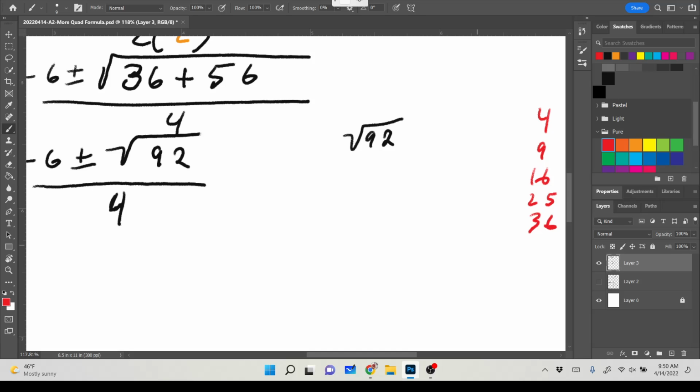4 does. So we can split this into the square root of 4 times the square root of what? 23. There's not a square root of 4 in 23. In fact, there's nothing that goes into it except 23 and 1 because 23 is a prime number.